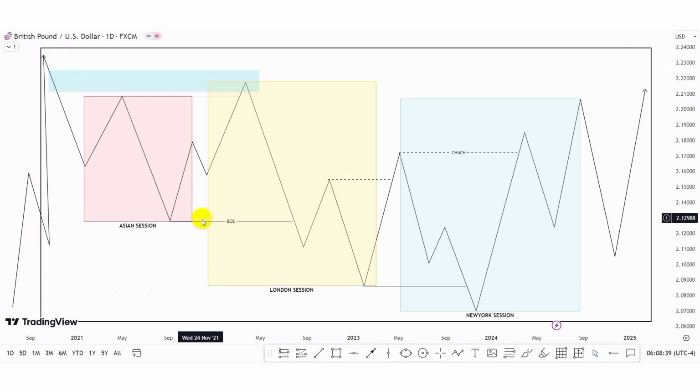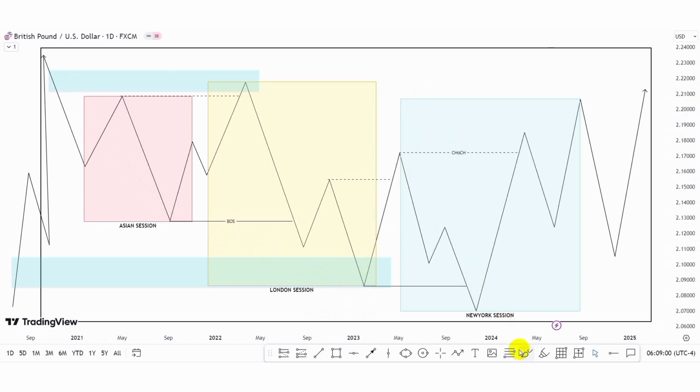So what price did during the London session is to actually mitigate the higher time frame zone, and then you can now see we would now have the reversal. So meaning the Asian session gave us a bearish market condition, but then the London session is now going to give us a bullish market condition.